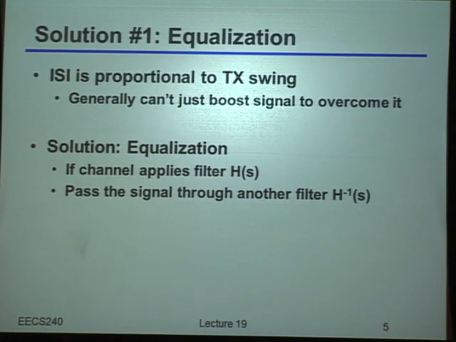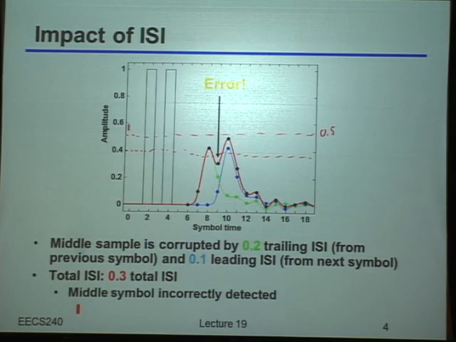So, I'm going to talk about at least 2 conceptual possible solutions to this problem. And it turns out that neither one of them is going to involve increasing the transmit swing. And hopefully the reason for that is obvious, right? If all I did was take the transmit swing and increase it, all that would do is scale this entire y-axis.